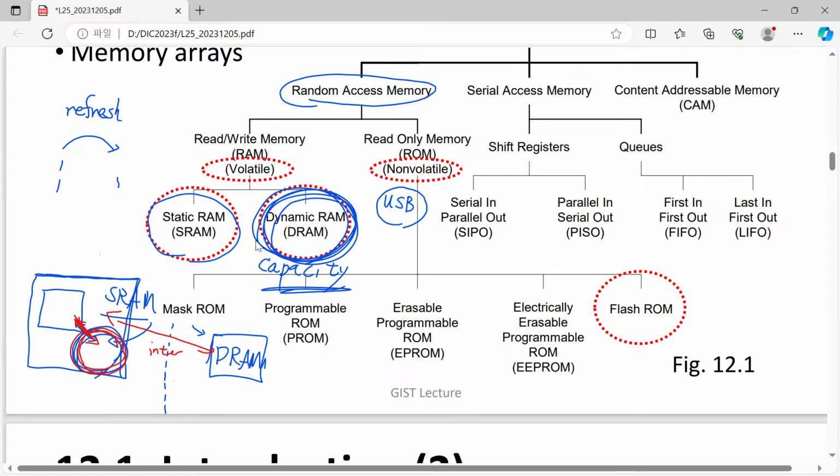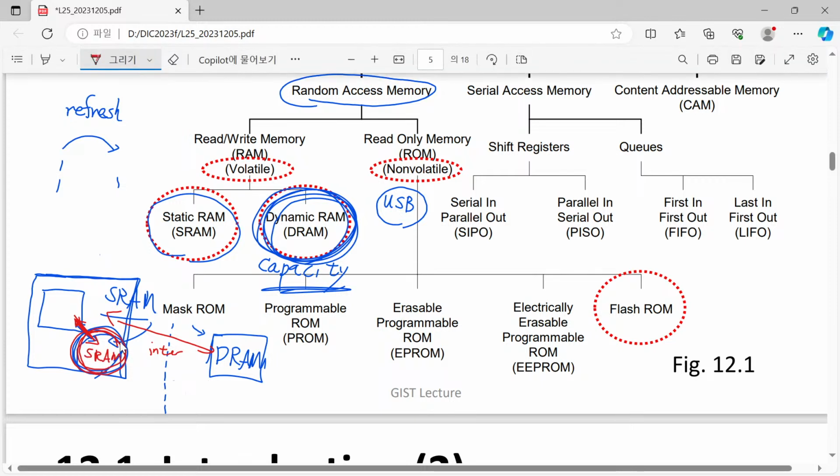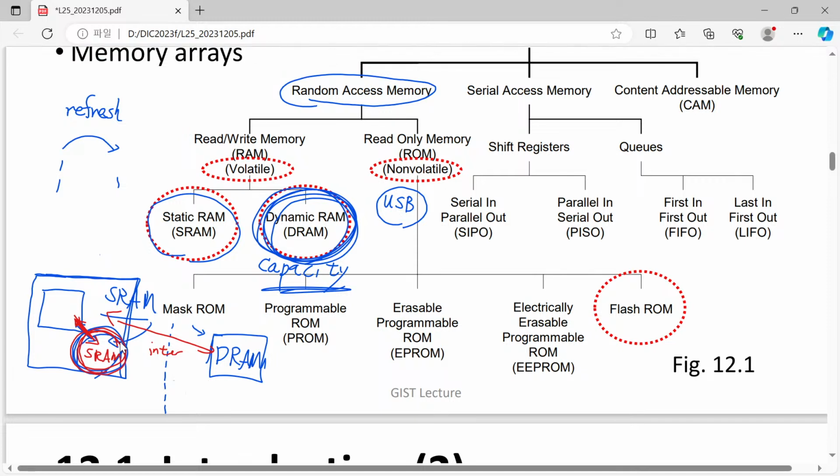So simply speaking, if you have some information which is really frequently used and referenced, then that should be placed in this SRAM. And if you have a large amount of data which is quite important, however too big to be included in this SRAM, then that should be placed in this DRAM.